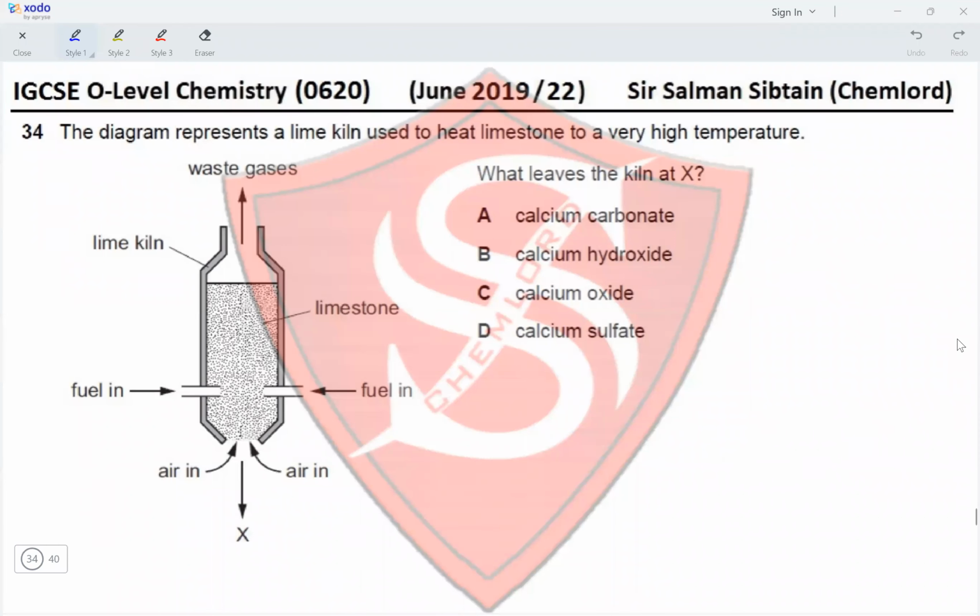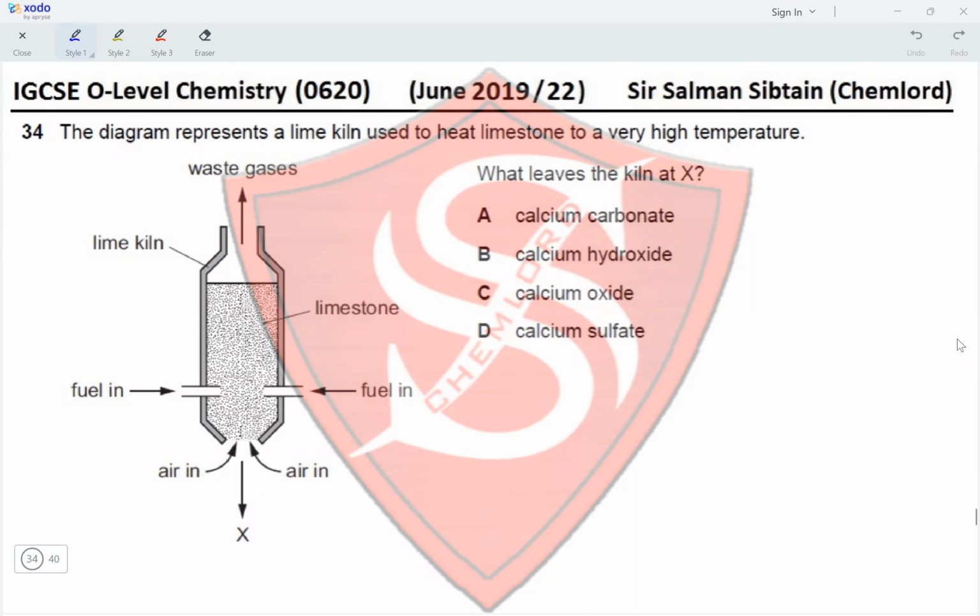Question 34. The diagram represents a lime kiln used to heat limestone to a very high temperature. What leaves the kiln at X? So we've got limestone, we've got waste gases being removed, we've got fuel in and then air in.